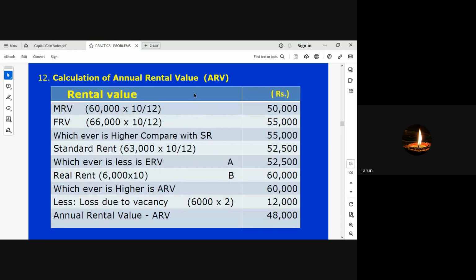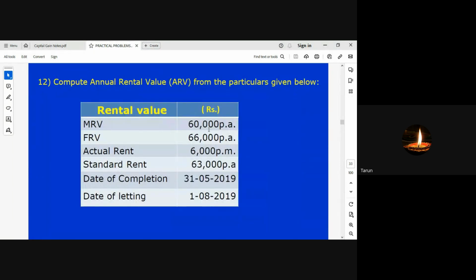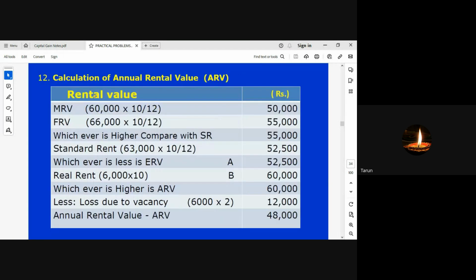So MRV, that is the value, is 60,000 per annum. So 60,000 into 10 months by 12. Why? Because the completion period gets over on 31st May, and after 31st May, the number of months is calculated in the whole financial year.